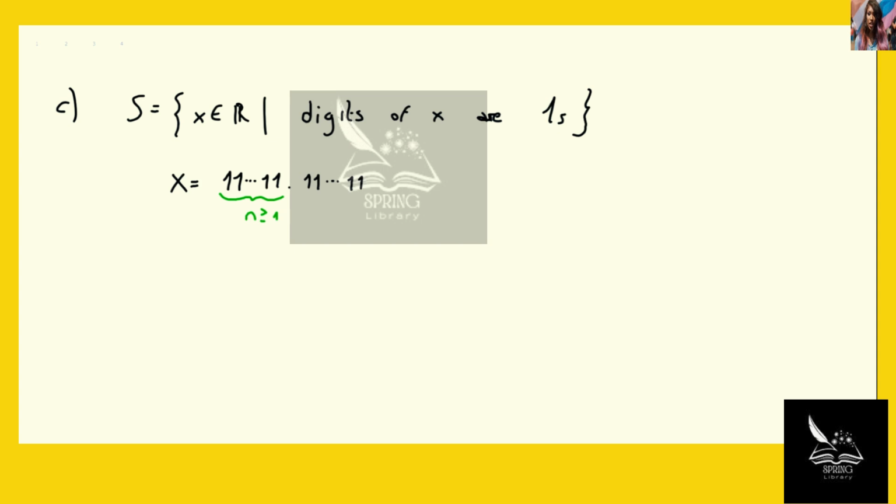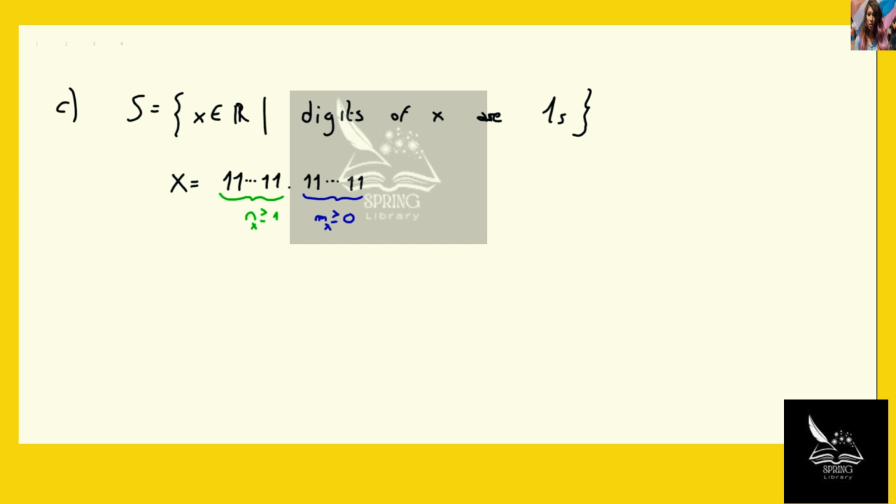It must at least start with 1. So it can be like 11 point something, 1 point something. So there's at least one before the comma, and there are m ones after the decimal point, and that's allowed to be 0 because we can write just the number 1 as, well, 1.0, but we just write 1.